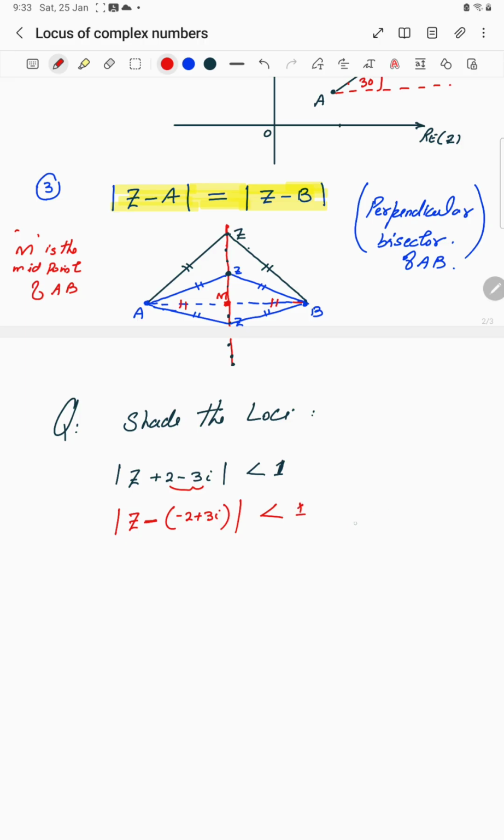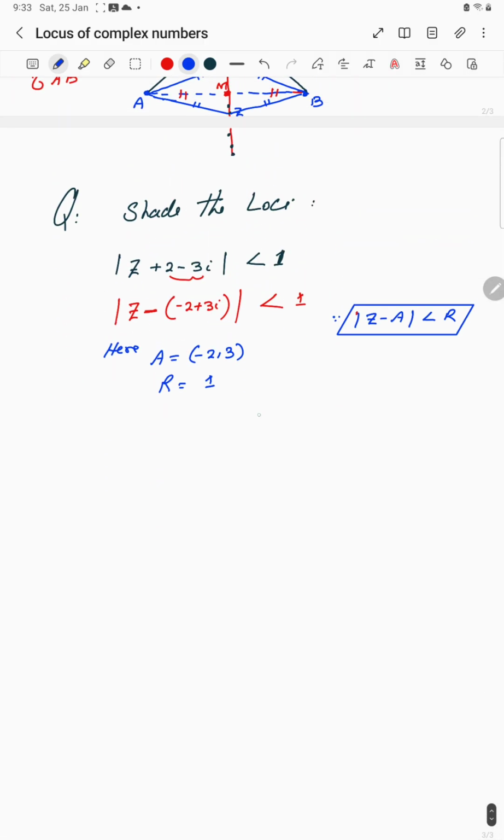Now you can compare this with the first condition, |z - a| < r. Here a, the center of the circle, is (-2, 3), and the radius is 1. So on an Argand diagram, we can show this.